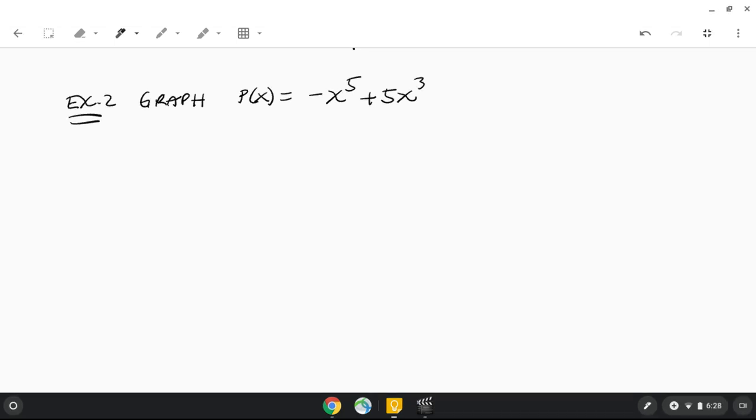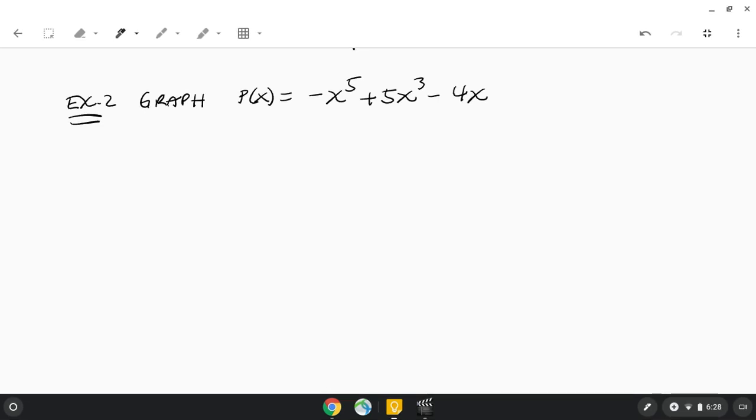Okay, suppose that I have this polynomial. P of x equals negative x to the fifth plus 5x cubed minus 4x. Okay, so this is all multiplied out.